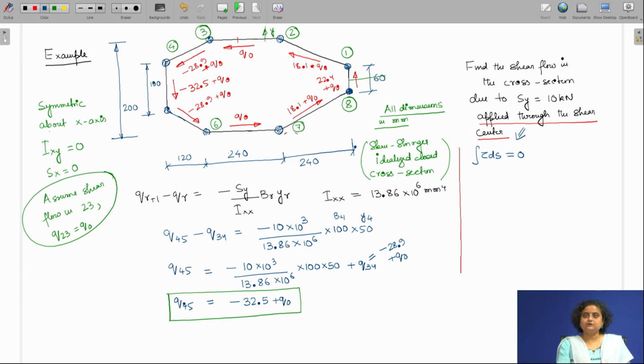Since the cross section has a uniform thickness, this can also be written as the integral of q ds equal to 0. Now, to find out this Q0, we have to take the summation over the entire cross section.